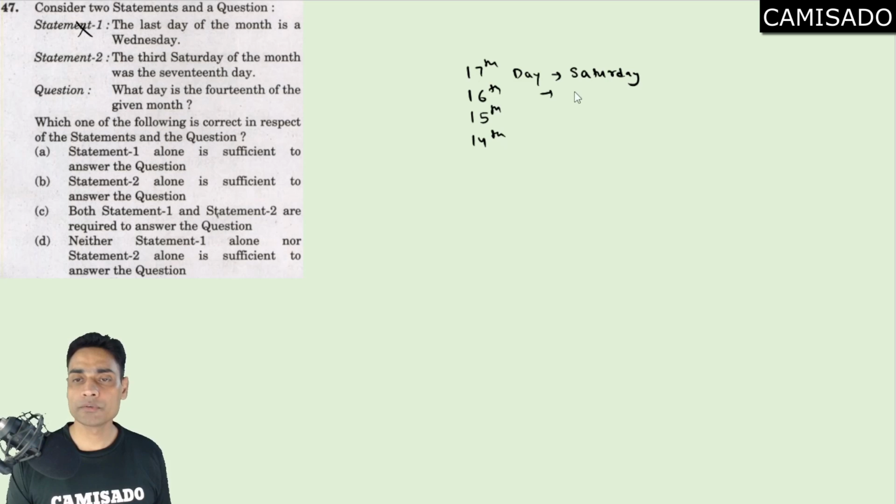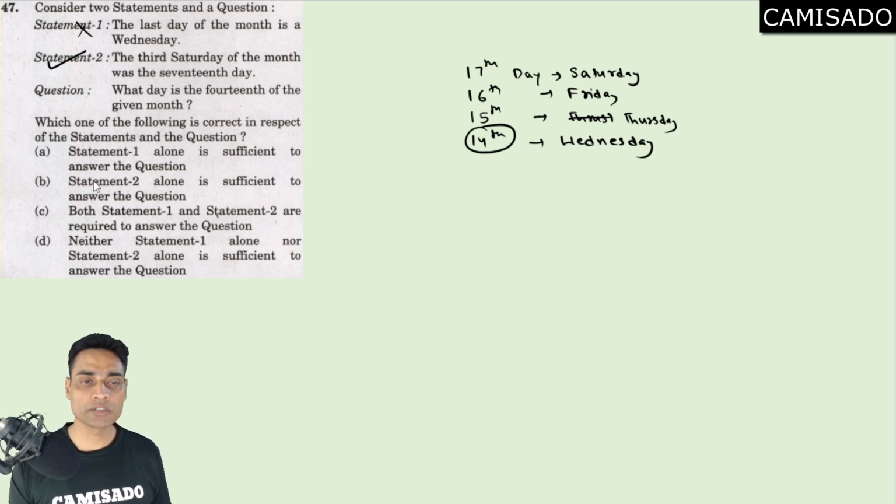So before Saturday we will have Friday, then before Friday we will have Thursday, and before Thursday we have Wednesday. So 14th will be Wednesday, and this we can make out with the help of statement number 2. So statement 2 alone is sufficient to answer the question. B is the correct option.